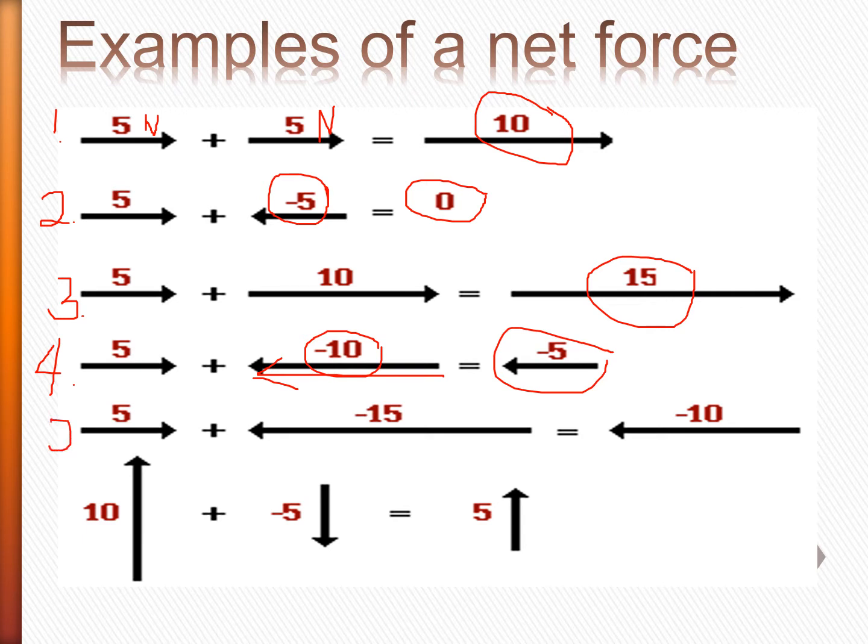Number 5. 5 plus negative 15 will give us an answer of negative 10 newtons because 15 again is a negative force. Number 6. We have here an upward force, 10 newtons, plus a downward force that is negative 5. If we compute the net force, our answer will be 5 newtons.